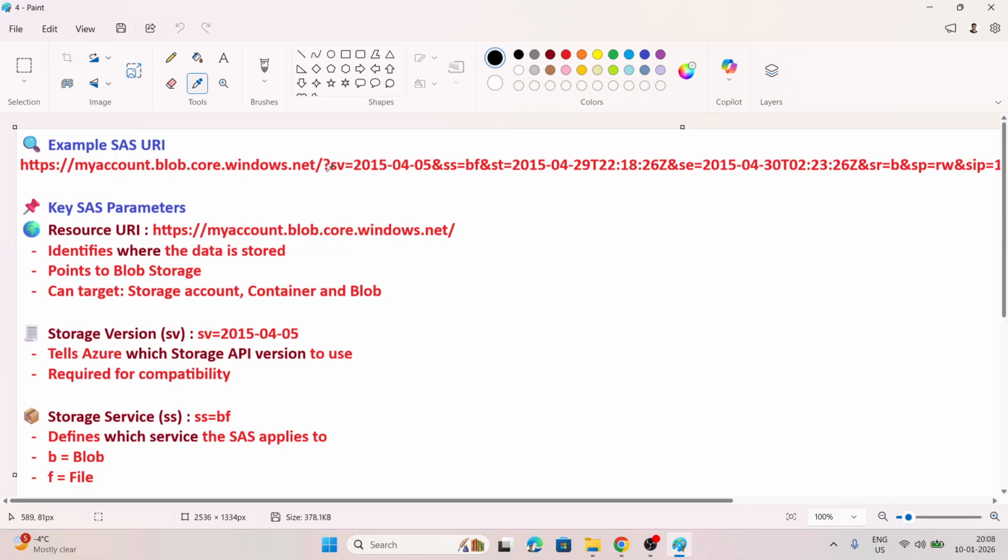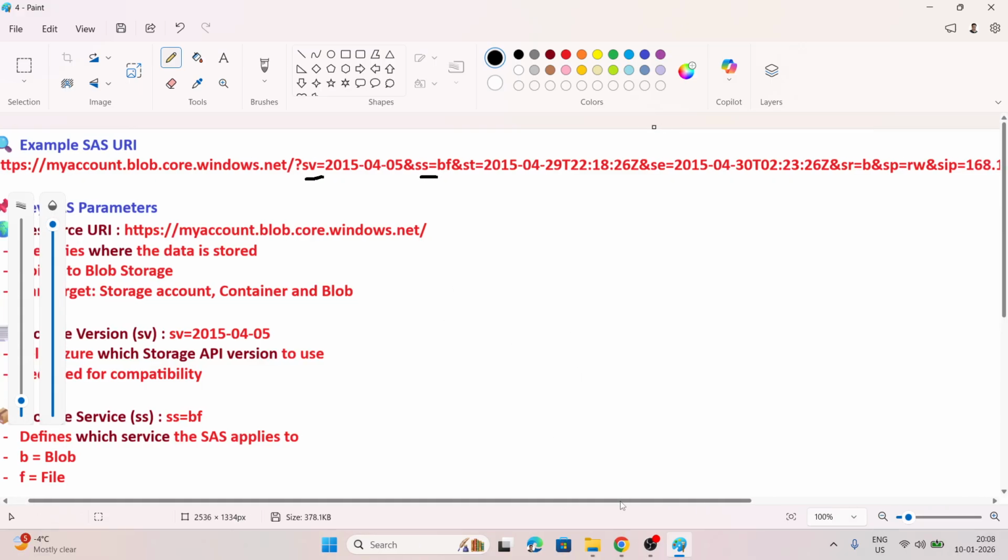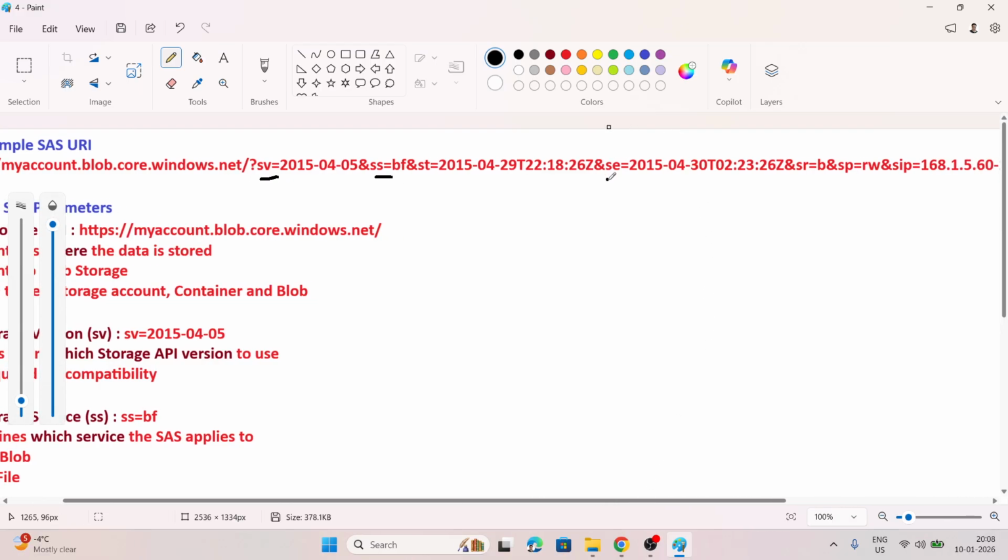And after this question mark, this is the SAS token, like SV. SV means software version. Then SS, this is the storage service. Then SE, this is the expiry time.